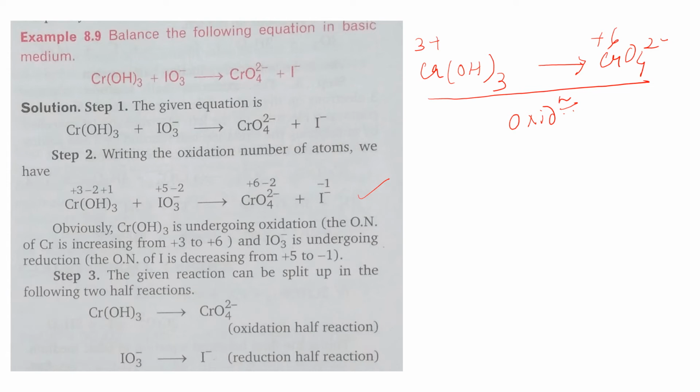And I can see that IO3- is going to I-, where on the left hand side I is plus 5 and on the right hand side I is minus 1. That means there is a decrease in oxidation number. So this is the reduction half reaction. After this, I have to balance the oxidation half reaction and reduction half reaction separately. Okay.